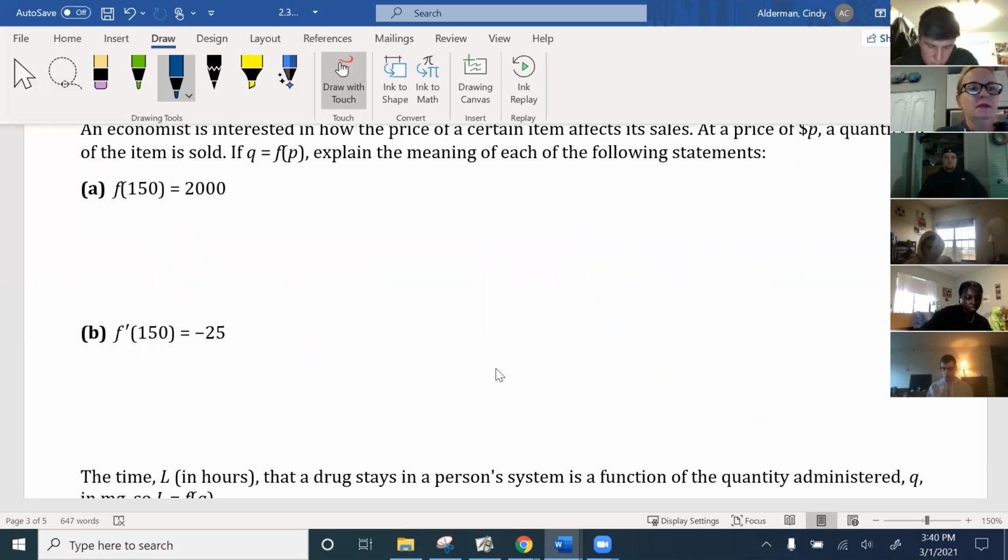Okay. So let's say an economist is interested in how the price of a certain item affects its sales. At price P, a quantity Q of the item is sold. So the quantity sold is a function of price. So if I say in the original function, if you put 150 in, you get 2,000 out, right?